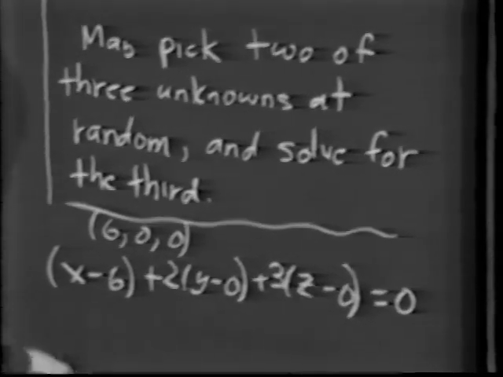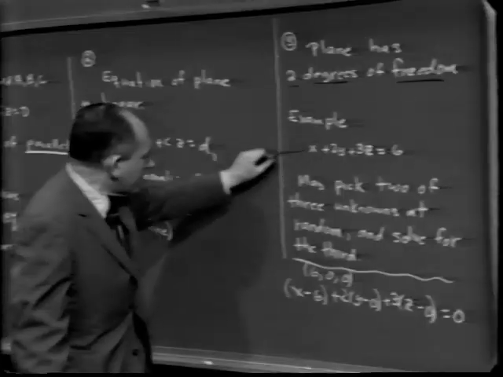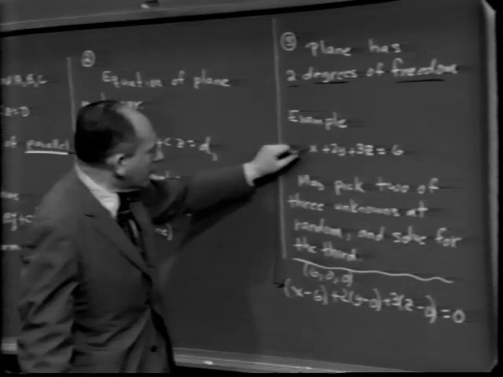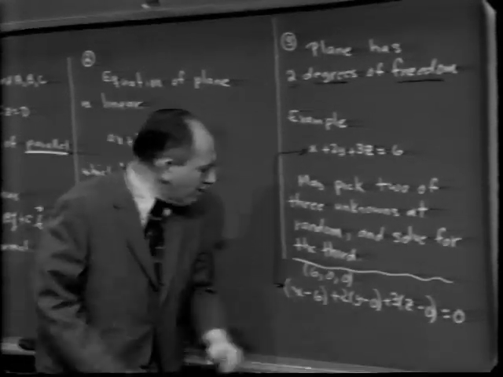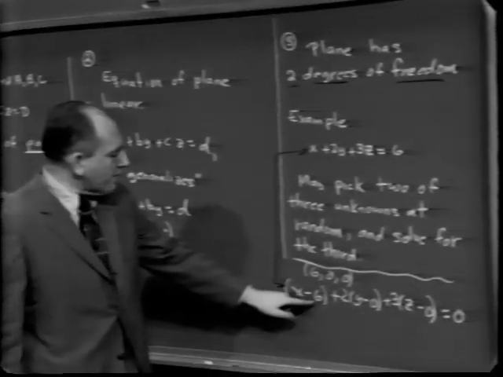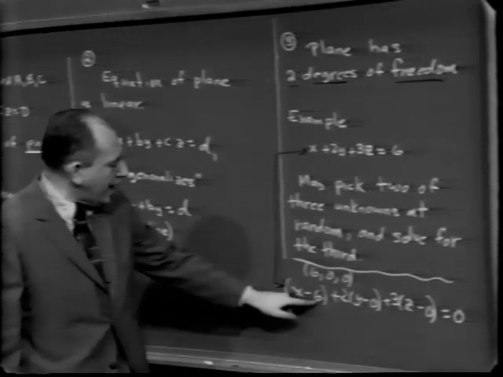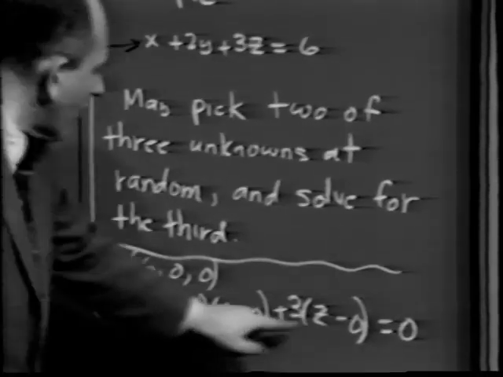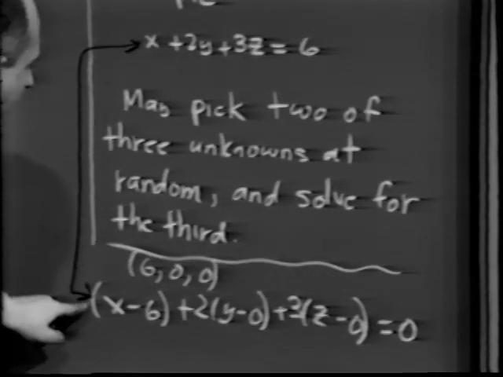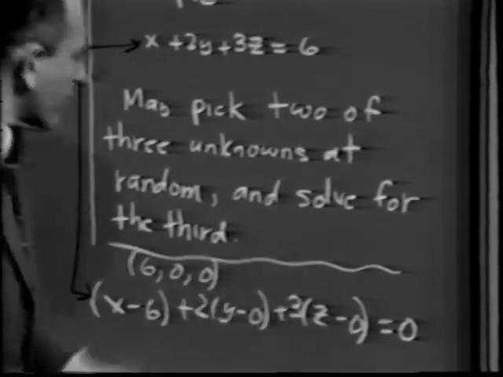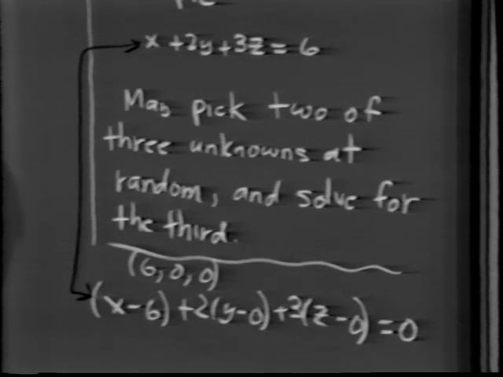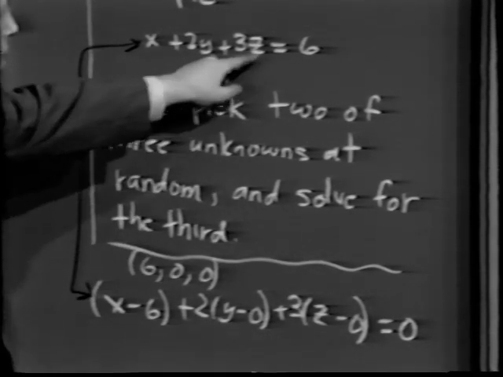Notice, by the way, that algebraically these 2 equations are equivalent. But in this form, what does this tell me? This specifies a point that the plane passes through. Namely, this is the plane that passes through (6, 0, 0) and has the vector i plus 2j plus 3k as a normal.